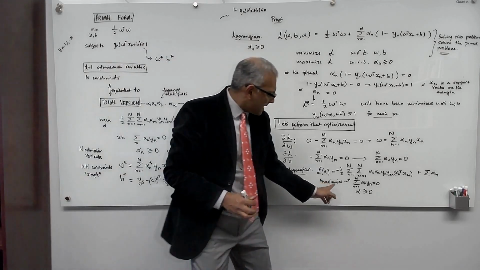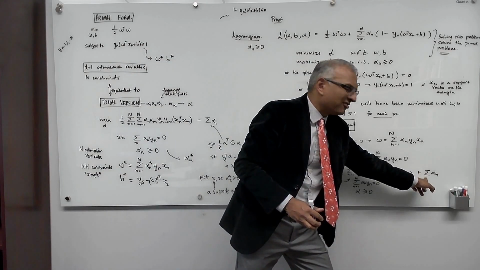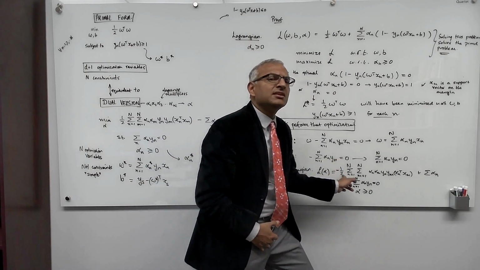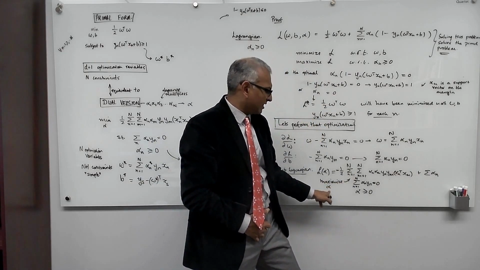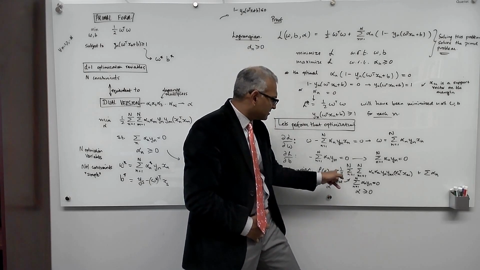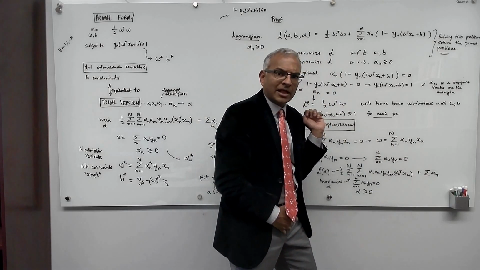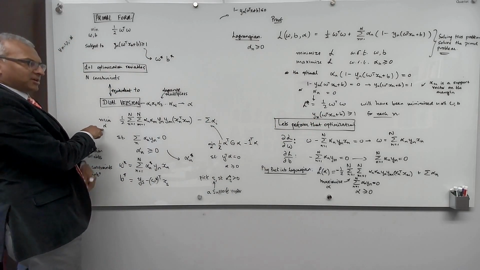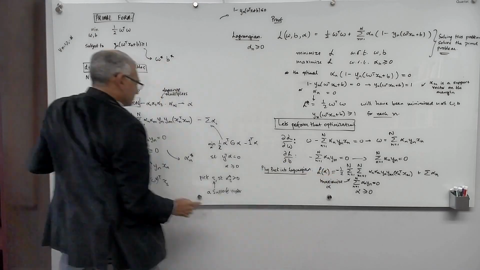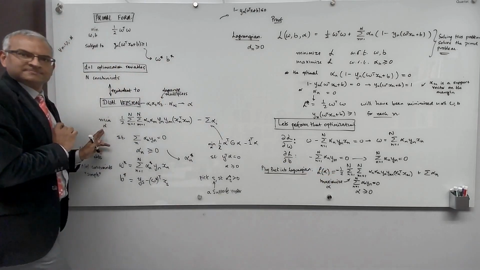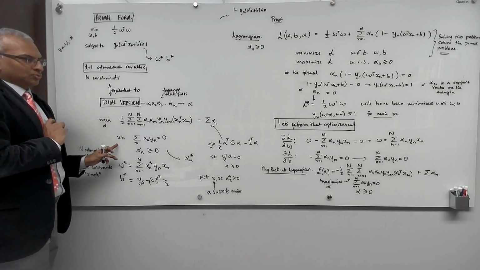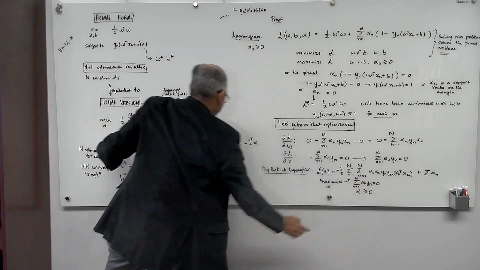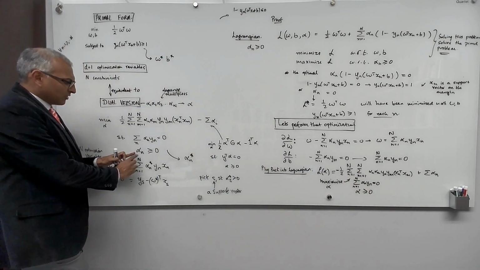But maximizing this with respect to alpha is exactly the same as minimizing the negative of it with respect to alpha. So minimize with respect to alpha the negative of that, which is exactly this, subject to the constraint and the non-negativity requirement on the alphas.